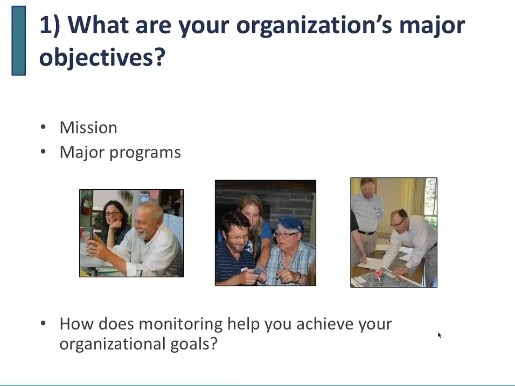Because it's important as an entity, whether it's a municipality or a county conservation district or a watershed association or you name it, to think about how volunteer monitoring and collecting data on waterways fits into the program's mission and major initiatives. So in short, it's very important at that first stage to think through how monitoring helps you achieve your organizational goals. If at this point it's identified that data collection does help an organization achieve its goals, then you move on into the next question.